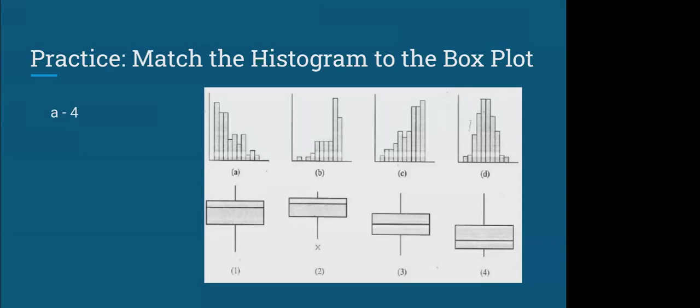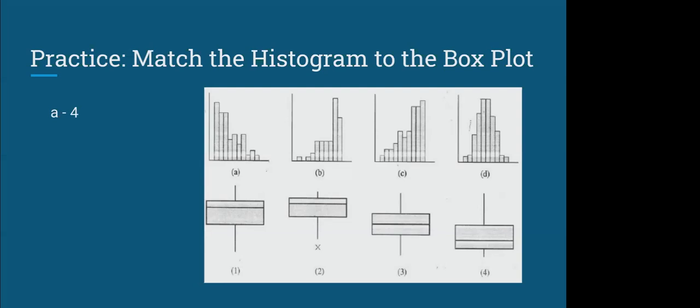All right, look at B. Now again, critically analyze B. What do you see in B? And remember, I told you about outliers. So anything that is not connected to the main body of the data is an outlier, be it in front, meaning it is less than the minimum value of the bulk of the data, or it could be to the right, meaning it is much more than the maximum value in the data set.